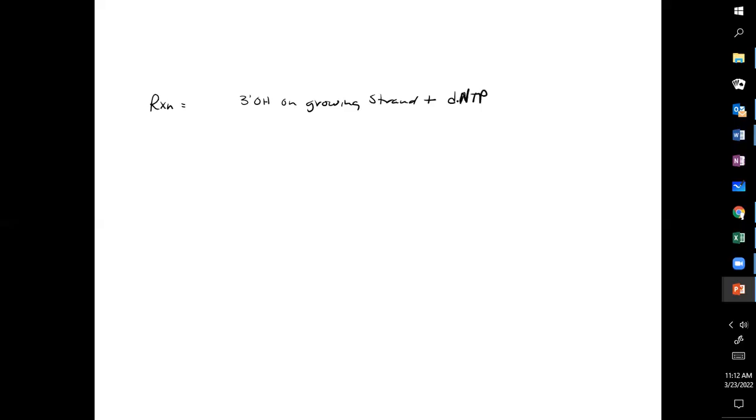So it could be dATP, dGTP, etc. And so if we think about this, we've got our strand with n nucleotides in it. In comes the deoxynucleotide triphosphate.